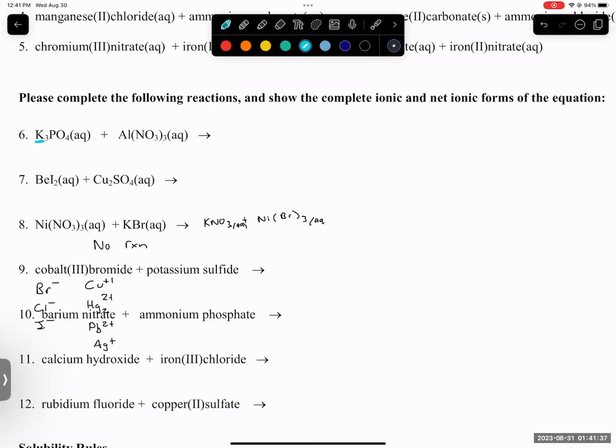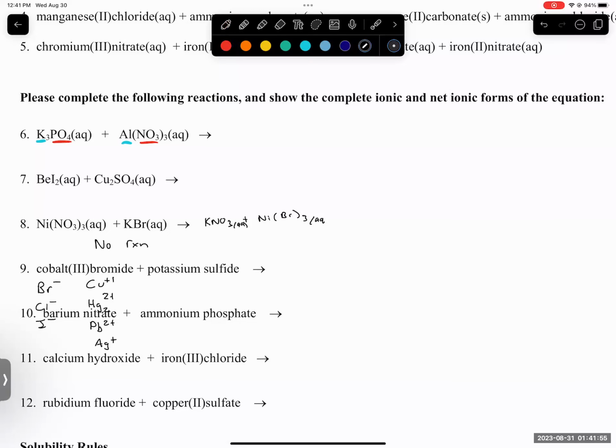Because I'm gonna highlight them. We know the one in the front is the cation, it's the positive one. We know the one in the back is the anion. So they swap. The cation of one swaps with the cation of the other to pair up with its anion, and then vice versa. So what would be our first product? We're swapping them, remember.